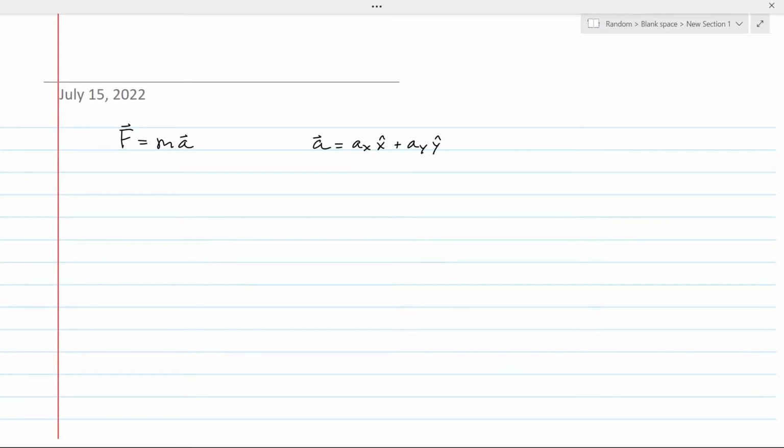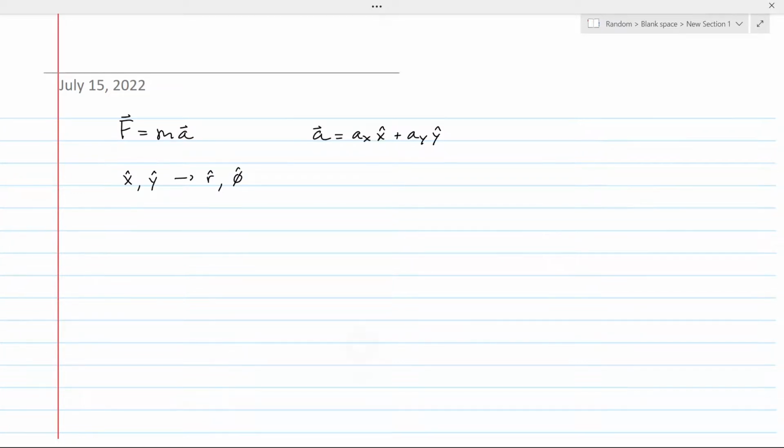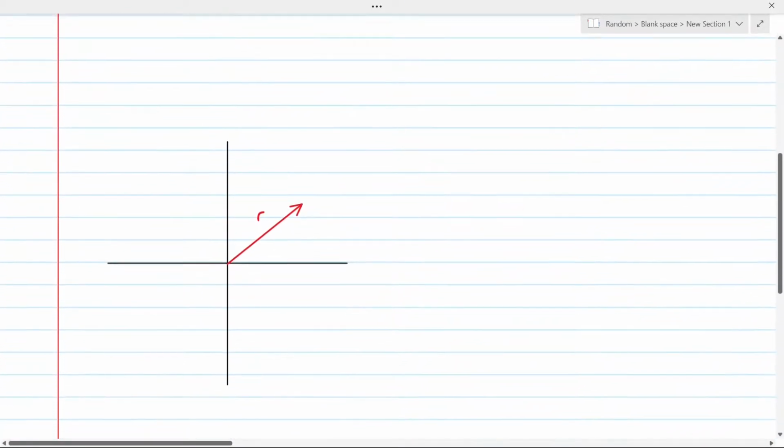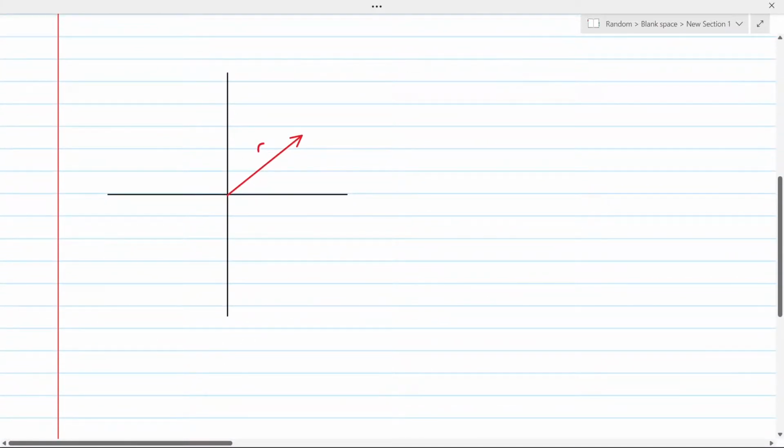So instead of x hat and y hat, which are unit vectors in the Cartesian coordinate system, how can we write it so that F is written with r hat and phi hat? So what that looks like is here is the xy plane, x hat, y hat is written there.